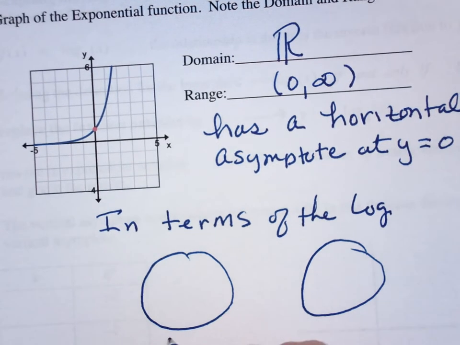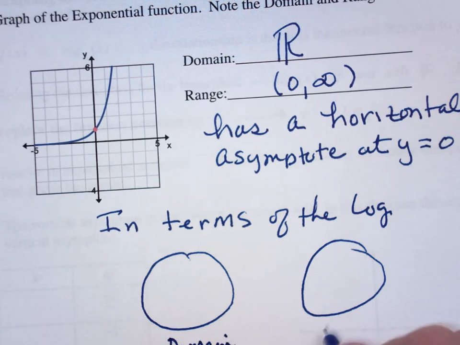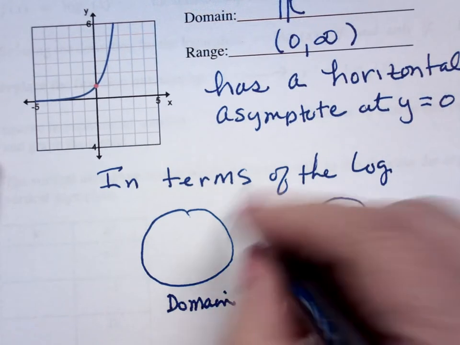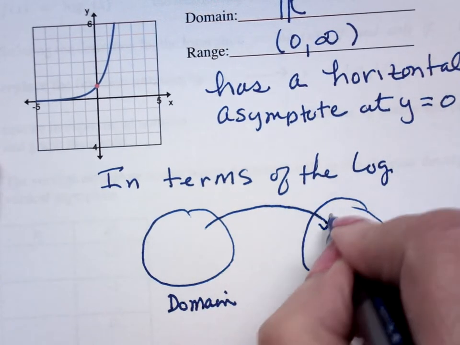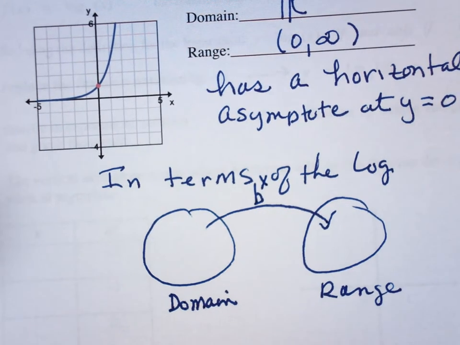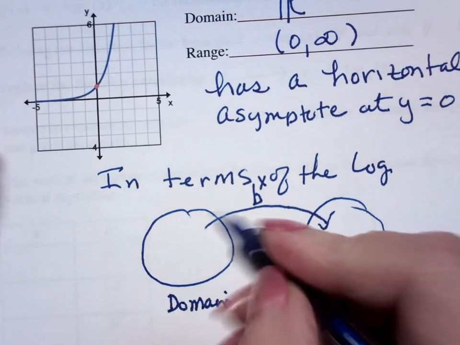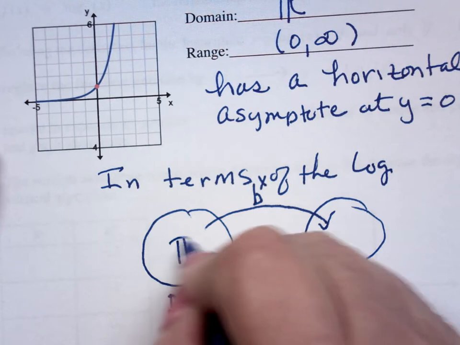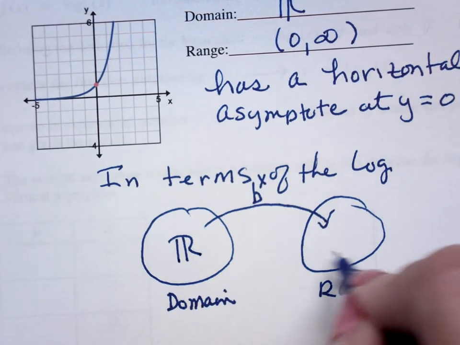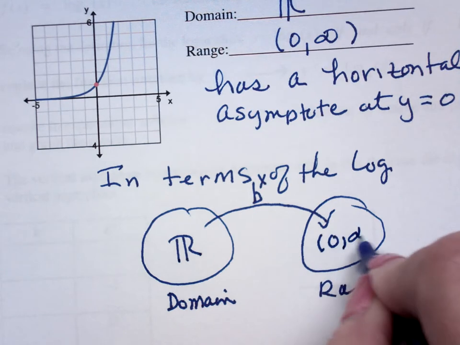Now, I'm going to approach this a little differently. The domain, if I'm going across, and the exponential function is what's taking me across, has a domain of all real numbers, and a range of 0 to infinity.